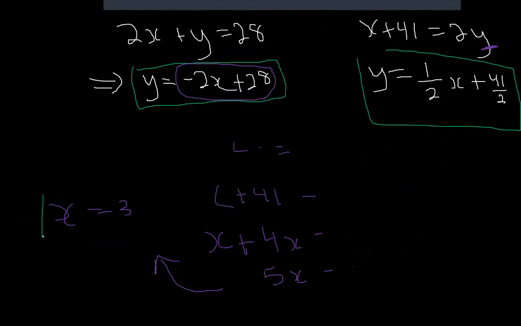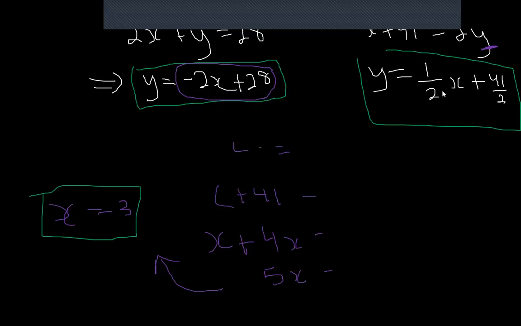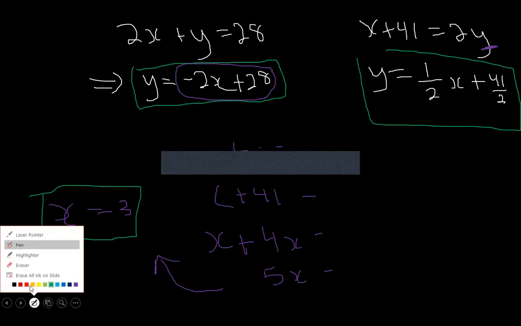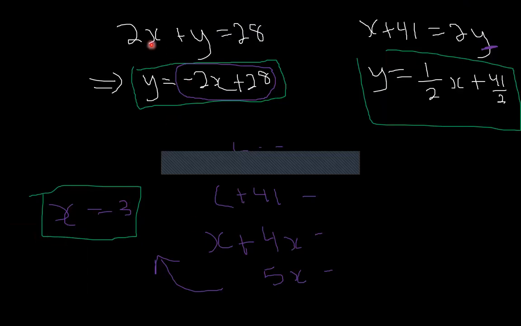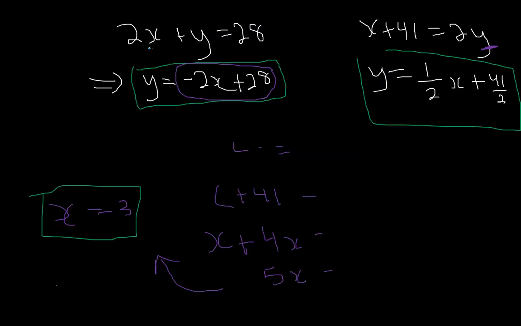So now that we know x is equal to 3, wherever I see x in this first equation, so let me use blue, I'm going to replace it with 3.